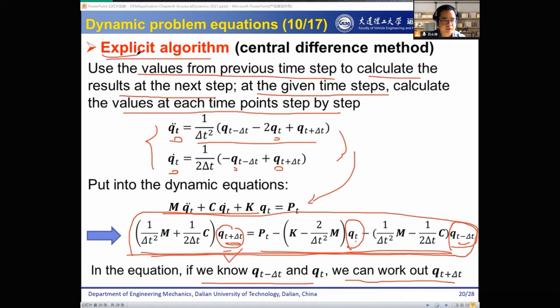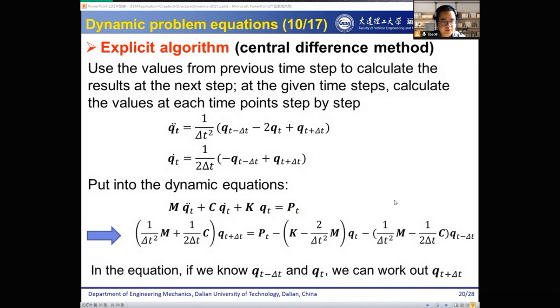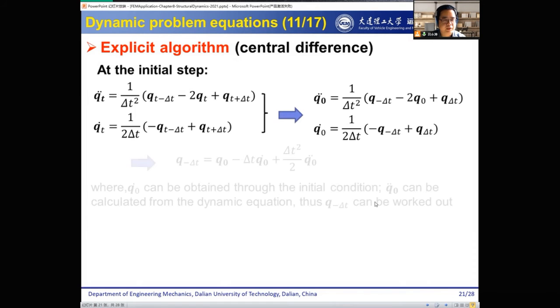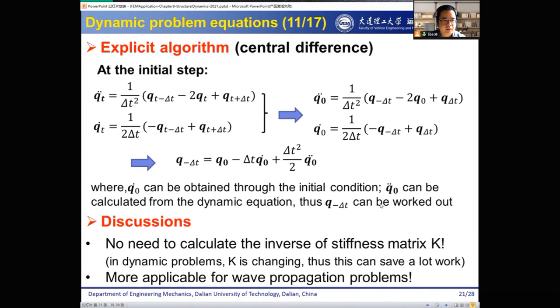That's why when people use this strategy, we call it the explicit algorithm. In comparison, this is still the explicit algorithm, where at the initial step we have the acceleration and the velocity.